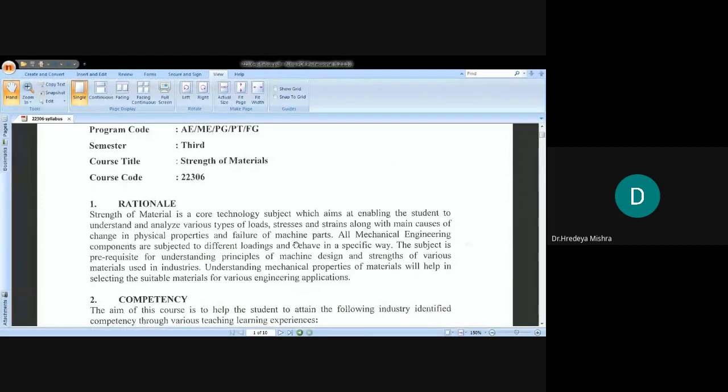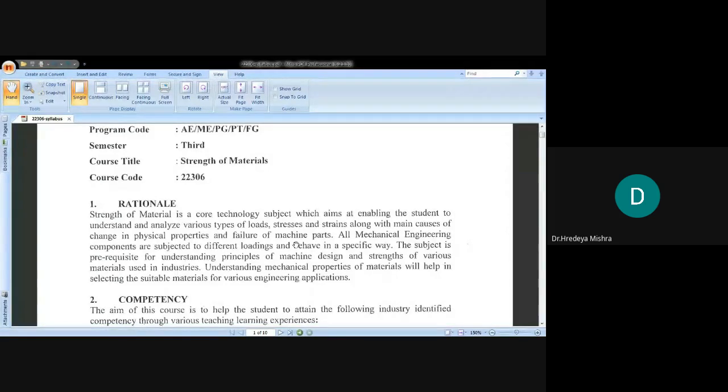In the strength of material we deal with stress and strain, whatever stress and strain are produced when we apply a load on a particular material or component.